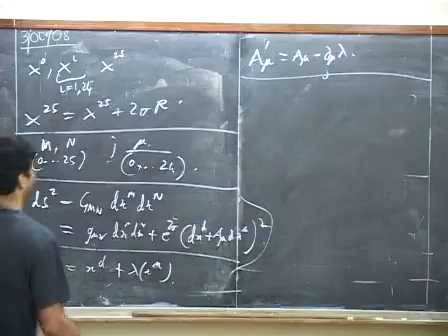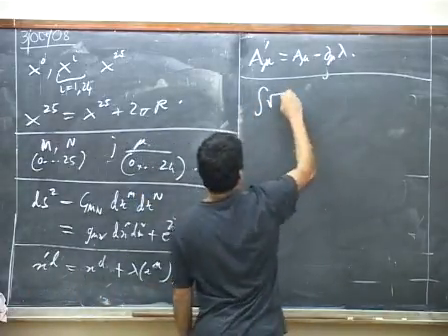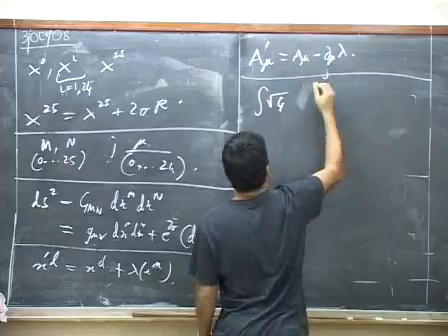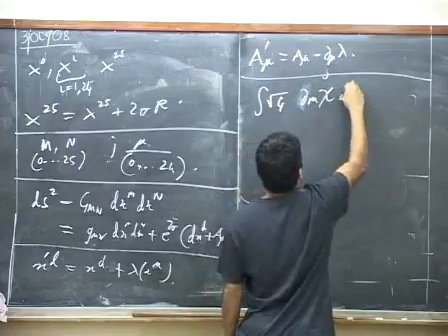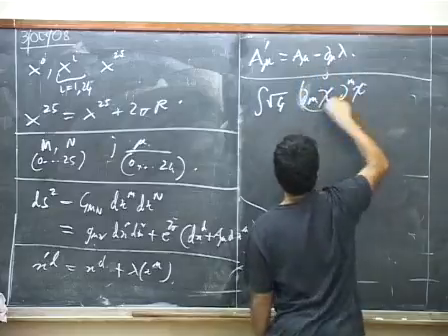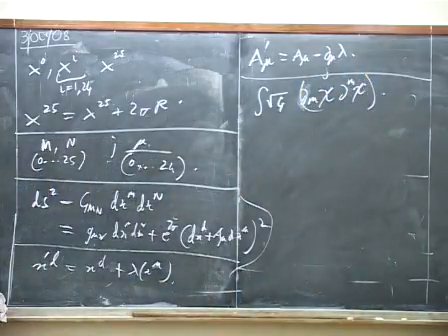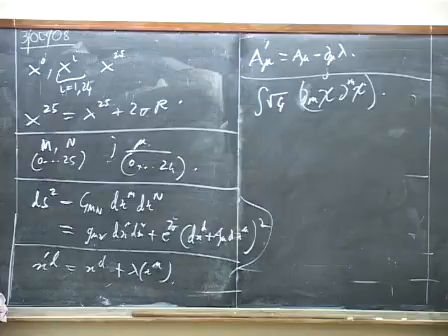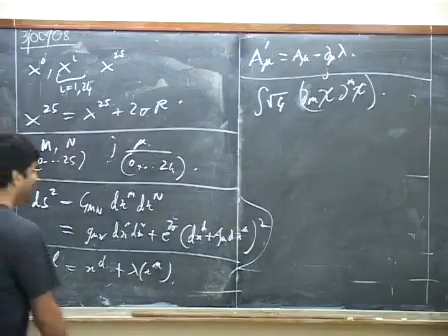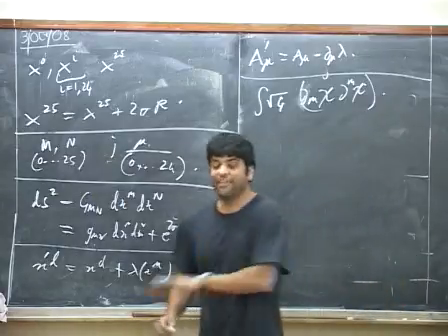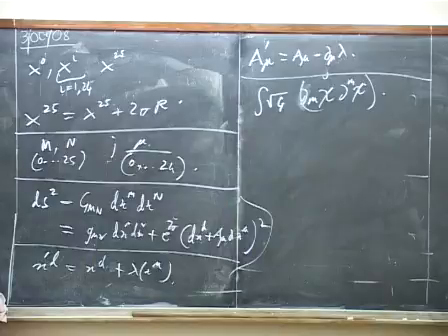Okay? Let's say the scalar field is chi. So suppose the action of this field was square root G, del_M chi del^M chi. And now let me retreat away from my initial assumption that nothing depends on the extra dimension.